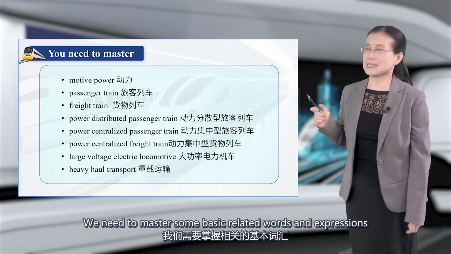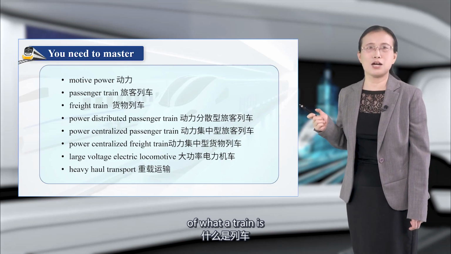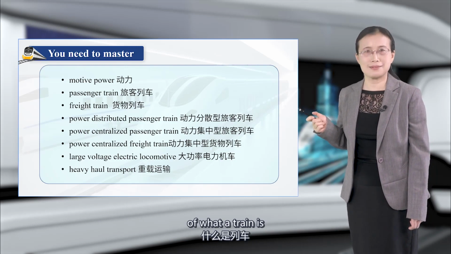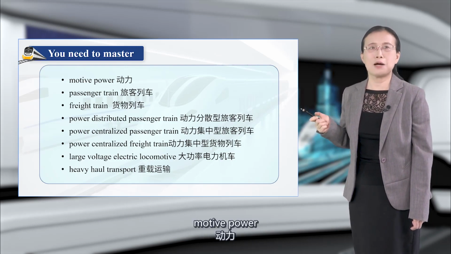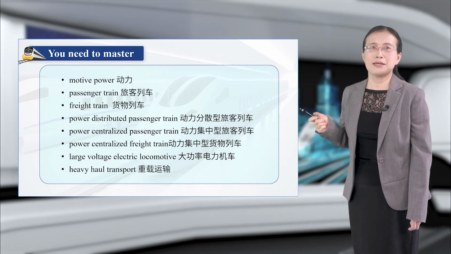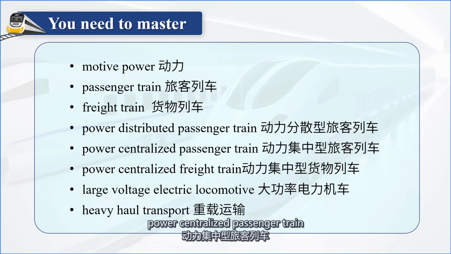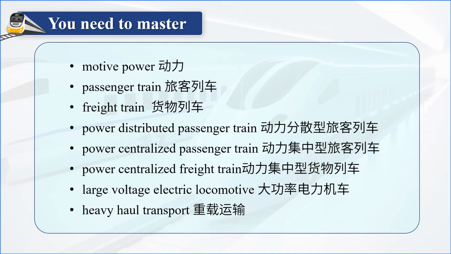We need to master some basic related words and expressions of what a train is: motive power, passenger train, freight train, power distributed passenger train, power centralized passenger train, power centralized freight train, large voltage electric locomotive, heavy-haul transport.